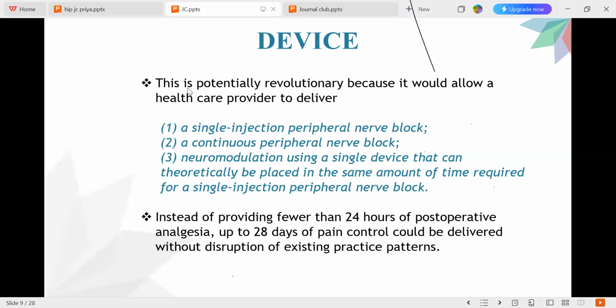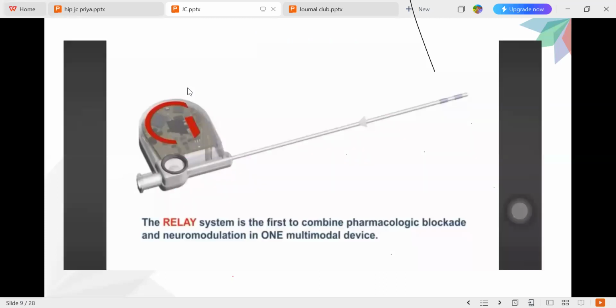Also, the duration of analgesia is prolonged for up to about 28 days, and it can be delivered without any disruption of the existing practice patterns.